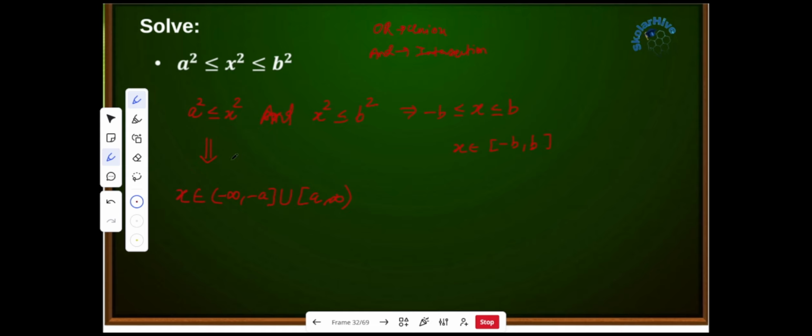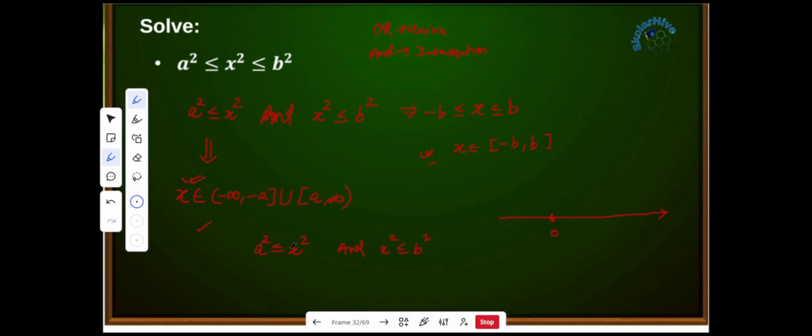So from these two we have to look for the common values of the real numbers. Let's understand it using a line: a square less than x square, and x square less than or equal to b square. Think of a line, and let me take this as the origin O.